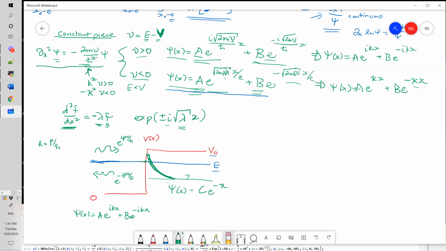So it involves either doing E minus V or V minus E, whichever gives you the positive answer. That's the one you use. We reserve kappa for the cases where the solutions are growing or decaying exponentials, and we use k because that corresponds to a positive kinetic energy, a particle moving around. So it's just rewriting these solutions. Does that make sense?